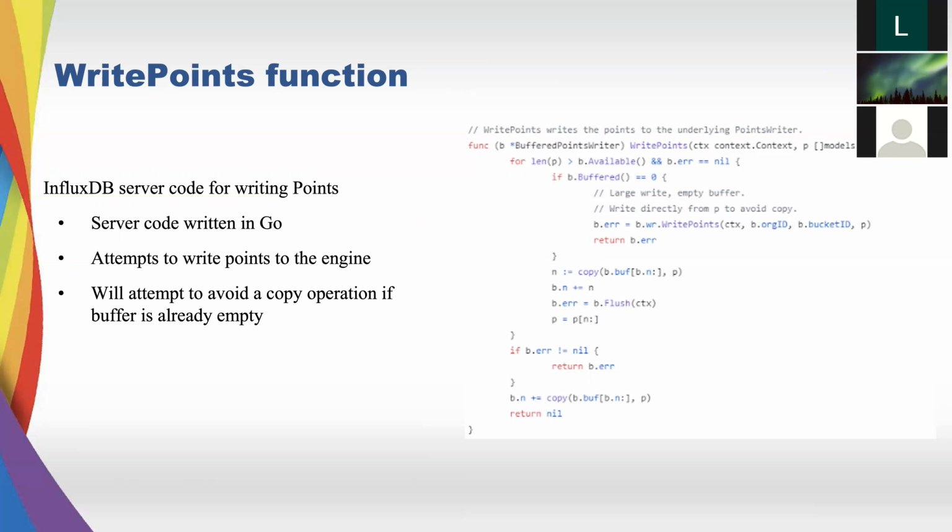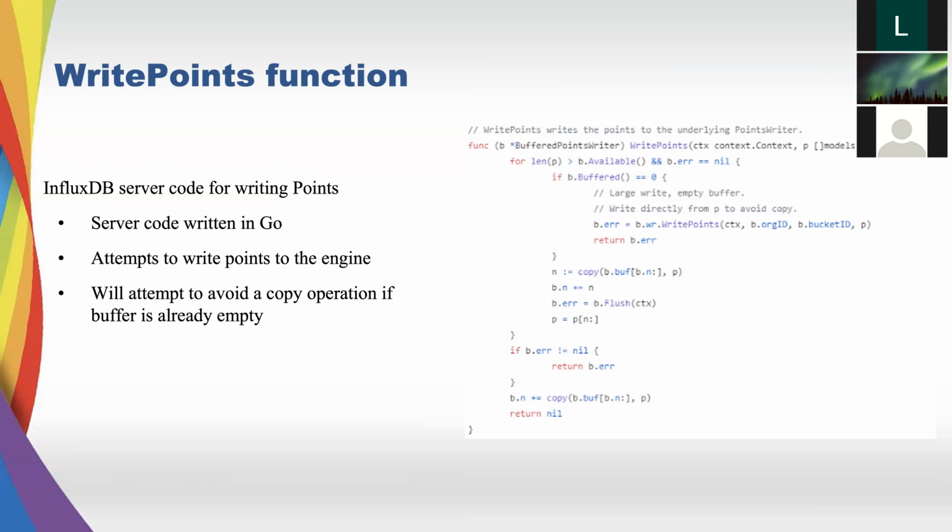Now for our next snippet, we have the write points function, which is actually from the InfluxDB server code base. This particular function is a relatively short one, but what it does is write points to the database engine.